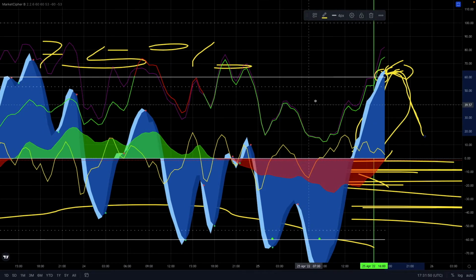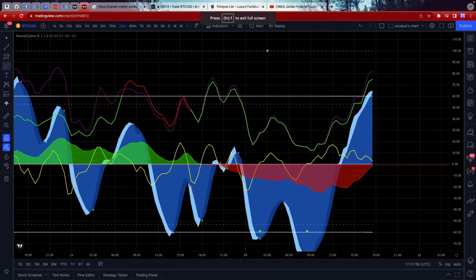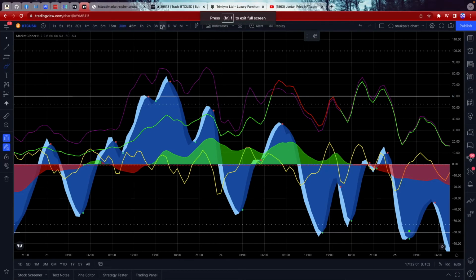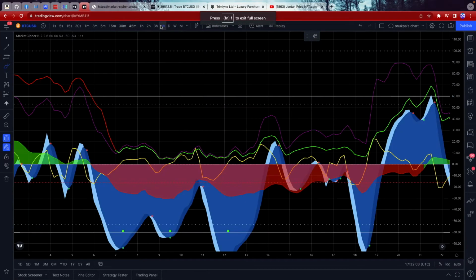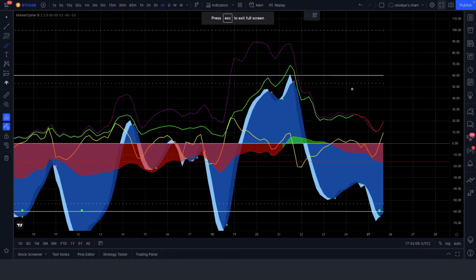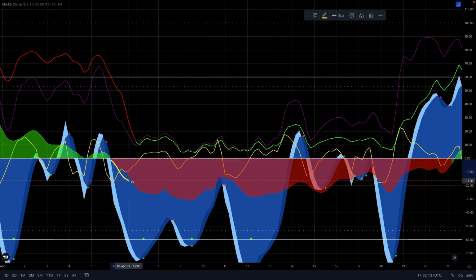And Market Cipher, let me remove my drawings. Market Cipher makes it so simple to determine the direction of an asset. Let me go to the 4 hour time frame. The 4 hour time frame shows that we've been bearish for a while.